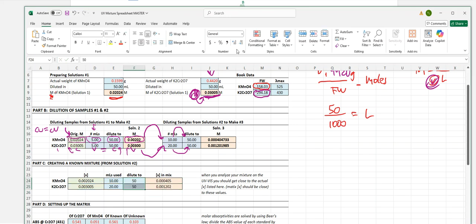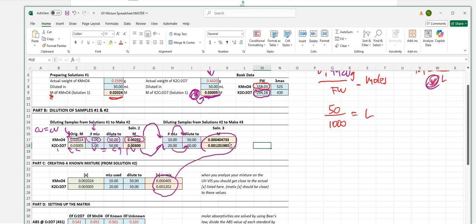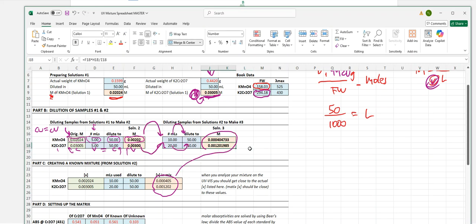All right. So those are the concentrations. And guys, let's be honest. These concentrations that I'm seeing populate here should also be the same concentrations that populate there. There is no difference between those. I'm going to kind of take this and I'm going to reference this a little bit better. So hold on just a minute.